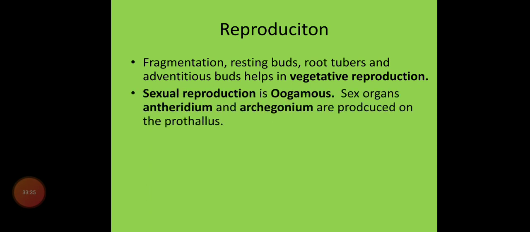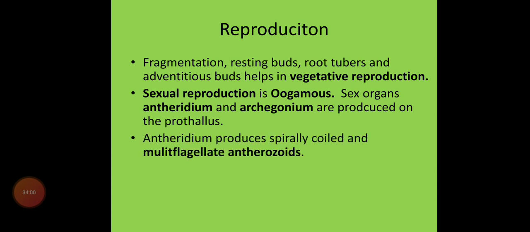Sexual reproduction in Pteridophytes is also oogamous type, the same as we learned in Bryophytes. Here also the sex organs, antheridium and archegonium, are produced by the prothallus. Antheridium is the male sex organ, a multicellular structure.